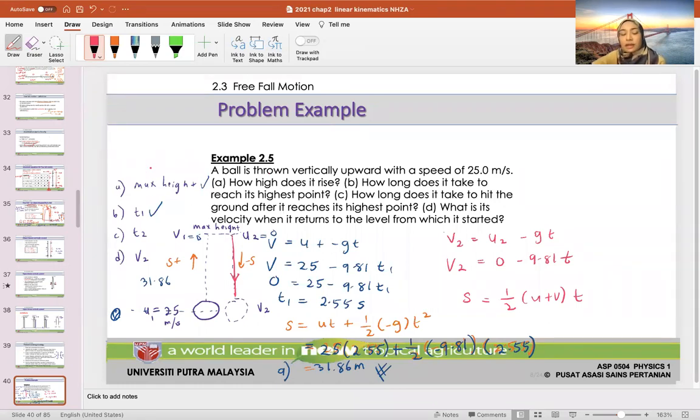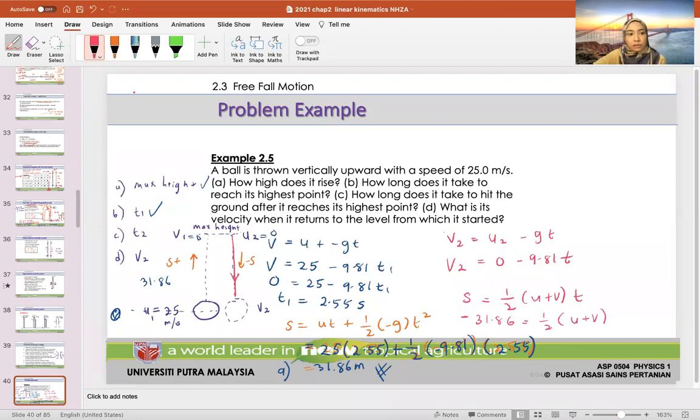So we can use that and say that we are going back down. So this becomes minus, our S earlier was 31.86. Now its motion is going down. The same value becomes minus 31.86, 1/2 U plus V.